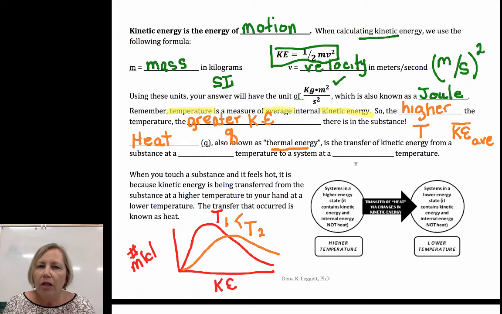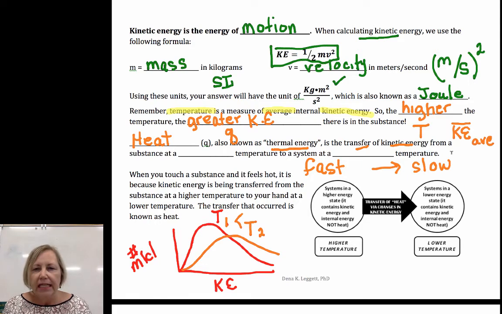So as molecules collide and get near one another, there's a transfer of kinetic energy. And your fast molecules are always going to be transferring heat over to the slow molecules until everything reaches a thermal equilibrium, where the average speed overall of the molecules no longer changes.